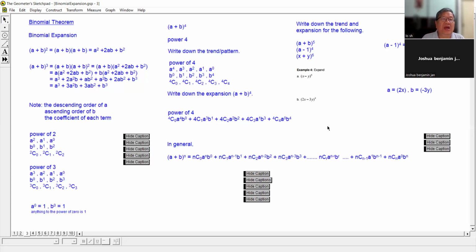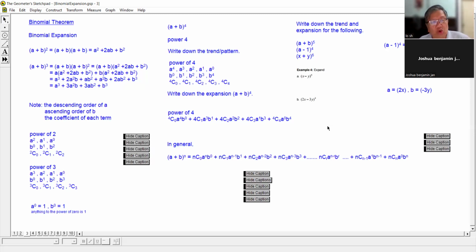So if I tell you there is one term, the power of A is 1. Can you tell me what is the power of B? 3. So you just take 4 minus the power, you will get the other one. Now I ask you, the power of A is 2. What is the power of B?